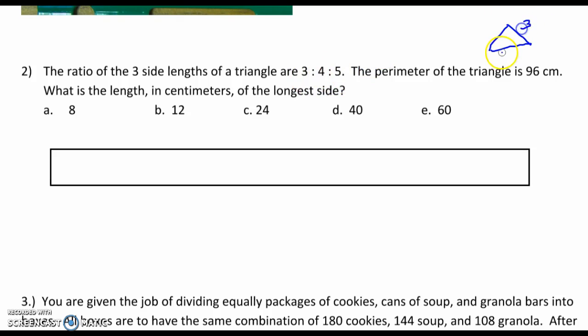So 3, I'll say this is 4, and this is 5 in this ratio. That's a size comparison. The key here is to look at this part to part to part ratio and know that altogether we have 3 plus 4 plus 5. That's 12 parts. This ratio has 12 parts to it.